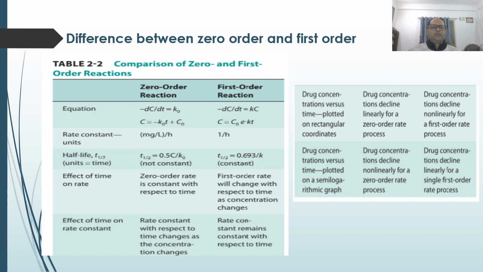Rate constant unit is microgram per ml per hour for zero order, and in case of first order it is 1 by hour. Half-life t half unit is time, but the half-life equation for zero order is 0.5 C0 divided by K0, and t half for first order is 0.693 by K, which is a constant, but in case of zero order it is not a constant.